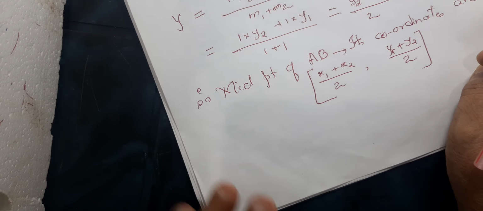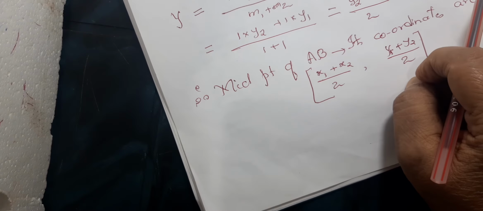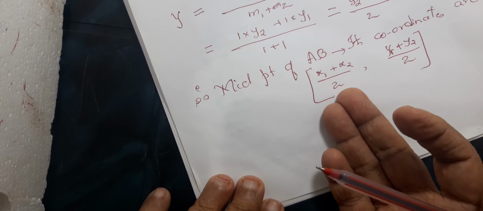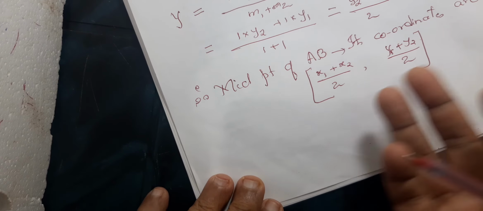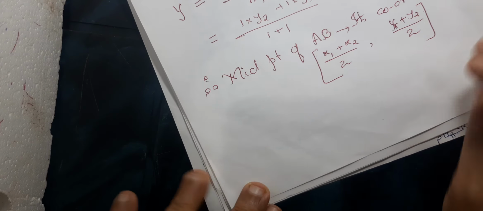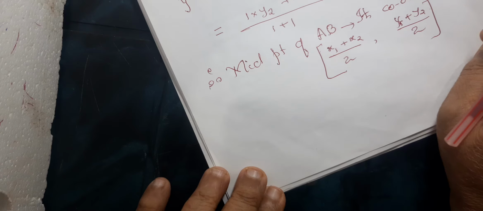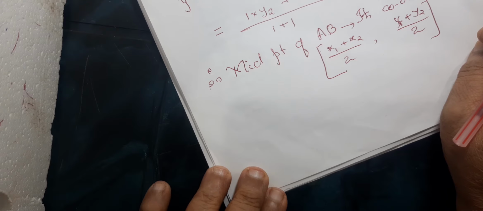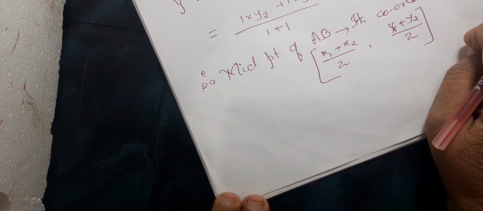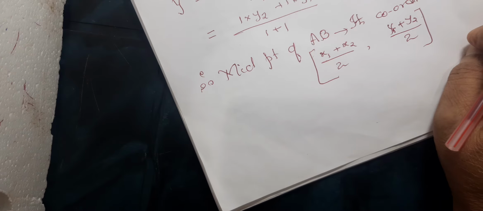For 1 mark, of course, they may ask what are the coordinates of the origin, or they can ask this also: find the midpoint's coordinates. So easy to write, you know. Now, what sums can come in the MCQ, for 2 marks, for 3 marks? You must learn all the types of sums.